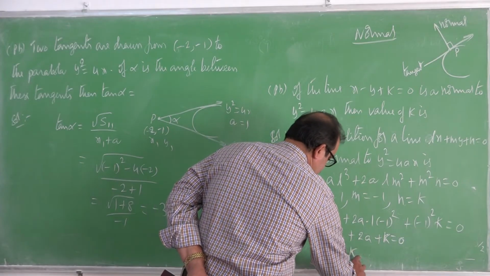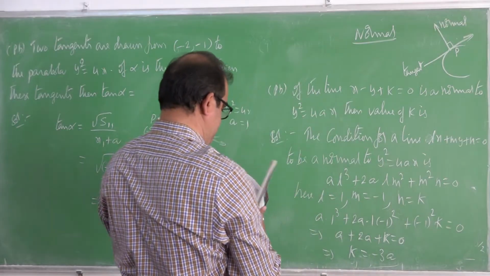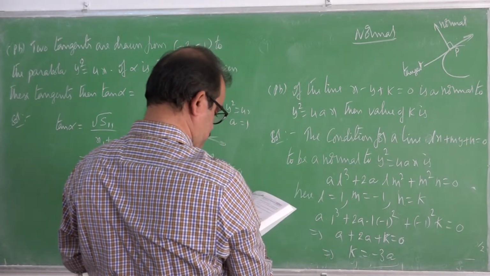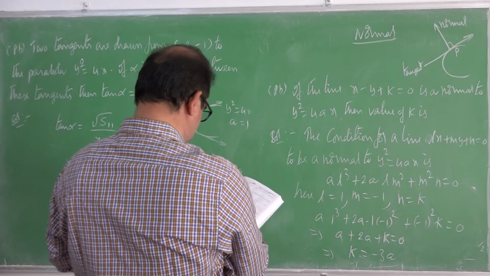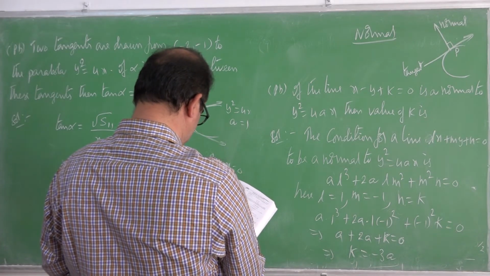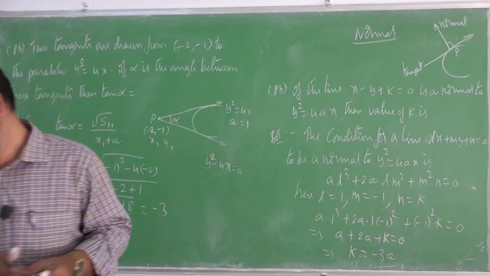So k is equal to minus 3a. So the value of k is minus 3a.